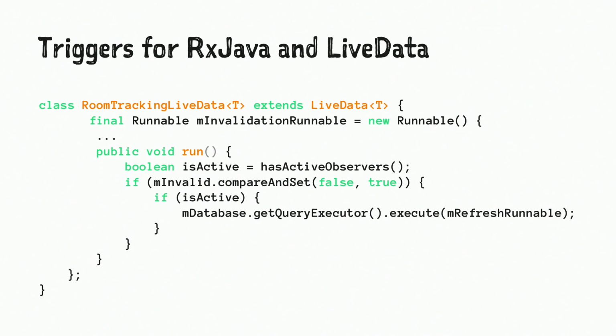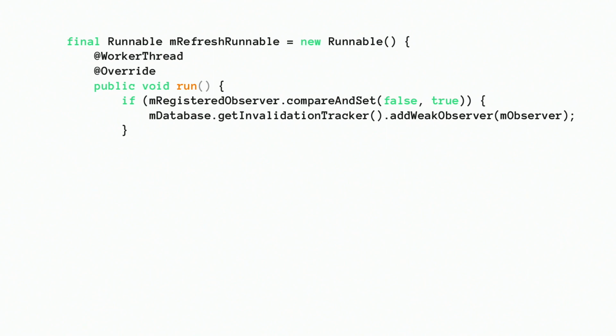And what is happening is we have a room tracking LiveData, which is our special customized object for tracking and getting results from changes that happened in the database on specific things that we define on our data. In this, we are using a class called Invalidation Tracker.